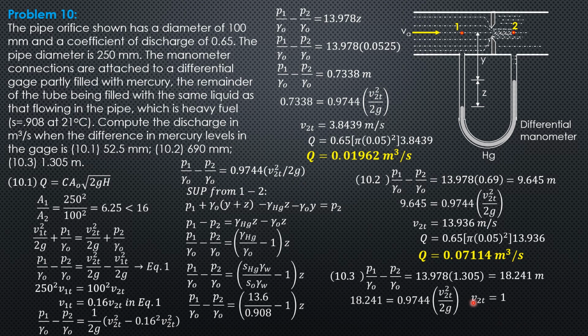So the theoretical velocity at point 2 is 19.165 meters per second. Then the actual discharge, again, we use this formula here. We just replace this by 19.165. You just calculate 0.65 pi times 0.05 squared times 19.165, and the discharge is equal to 0.09784 cubic meters per second.